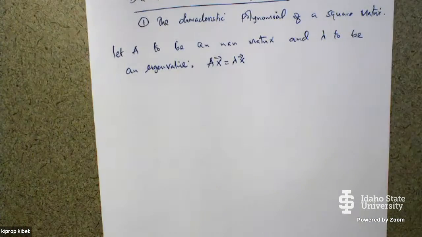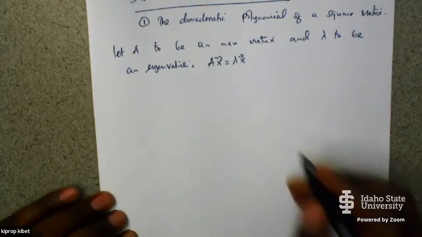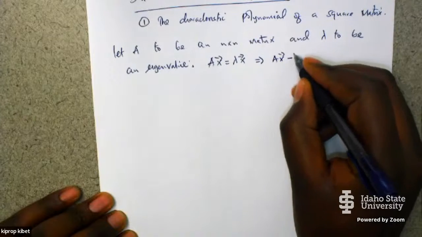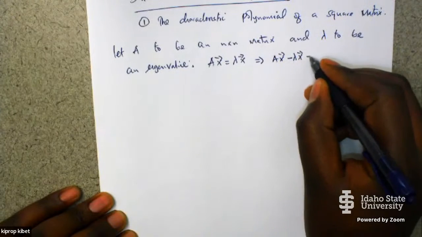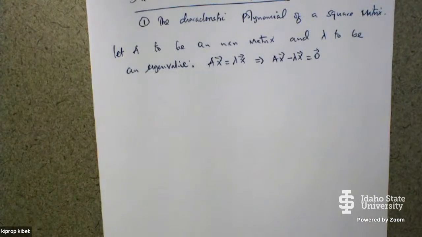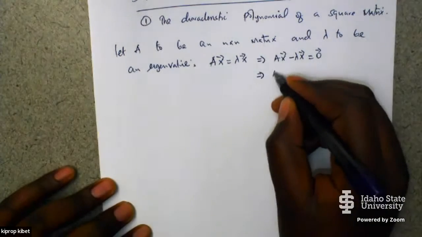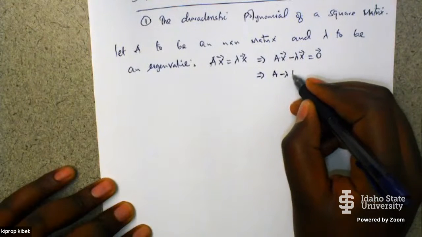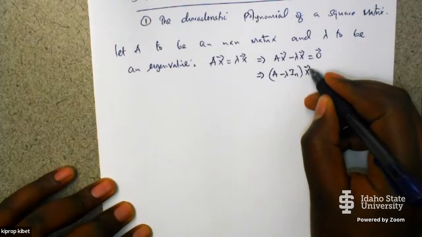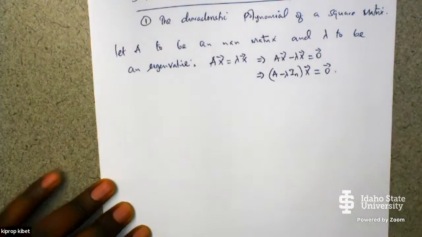This is similar to Ax minus lambda x equals 0, which is the same as A minus lambda I, times x, equals 0.